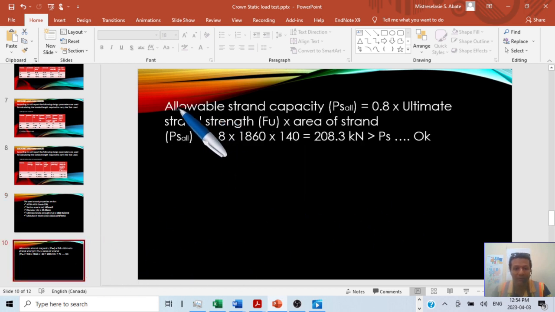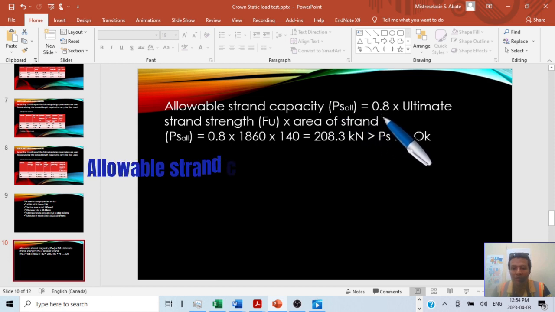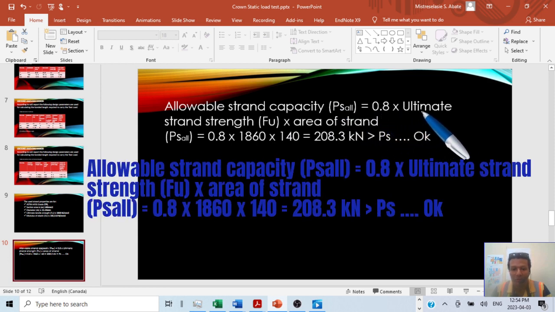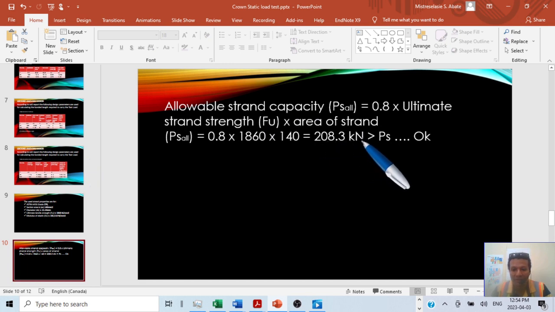So allowable strand capacity is equal to 0.8 times, this is a formula, ultimate strength times area of strand. So 0.8 times 1860 times area of strand 140, this is 208.3 kilonewton.